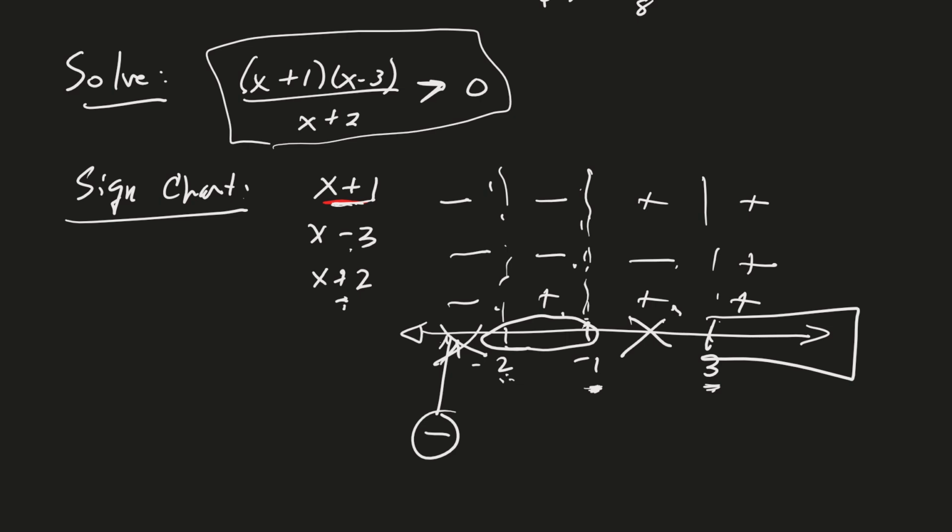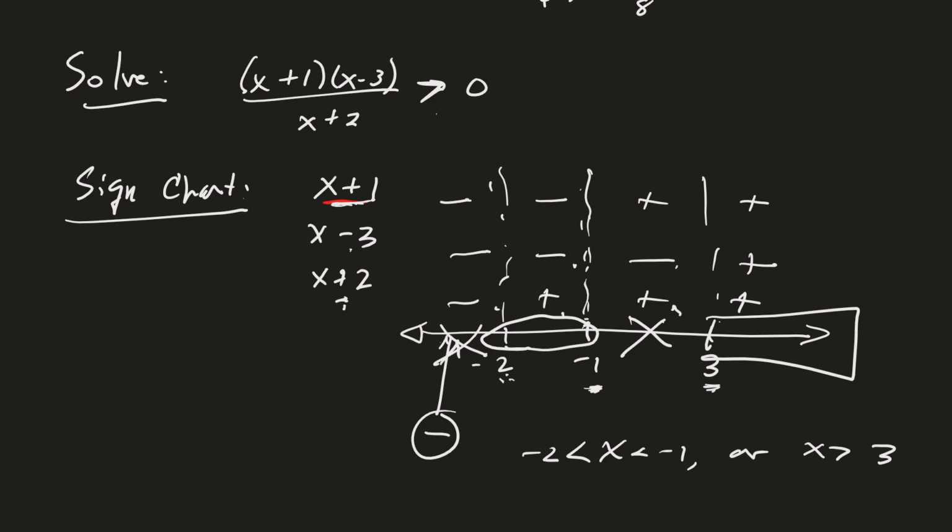Okay, and so to express the answer, we would have x is between -2 and -1, or x is bigger than 3. Now, can we include any of these points? Can we include the number 3, for example? We can't include the number 3 because we don't have a greater than or equal to here. It's just greater than.